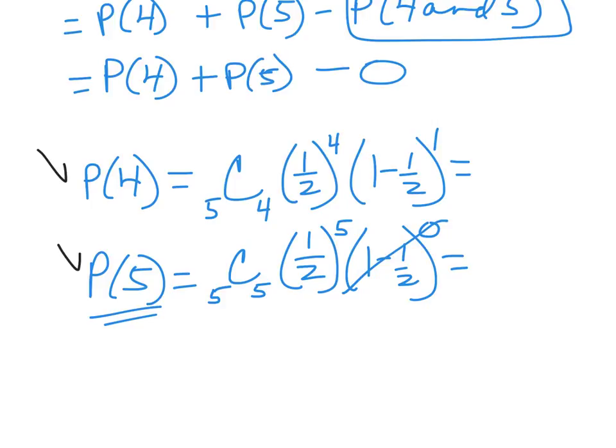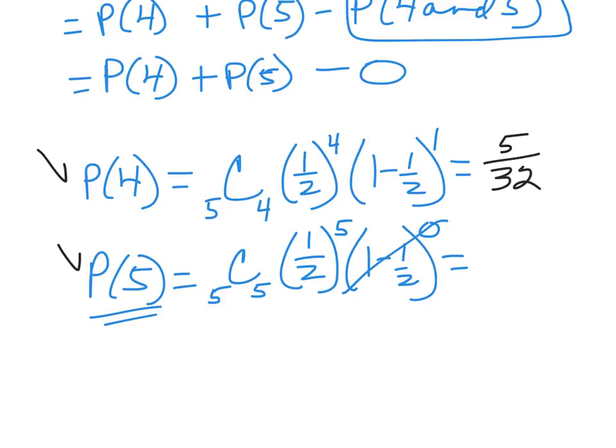So Chris and Katie, are you in agreement with what you got for the probability of 4? So Chris and Katie have said 5 over 32 right there.